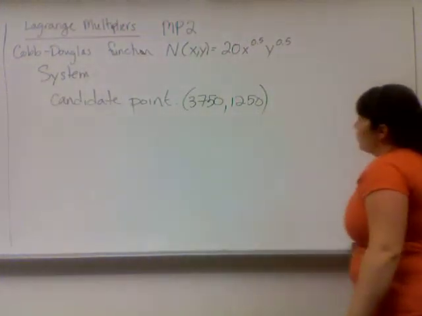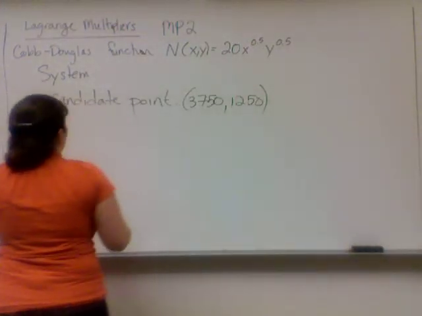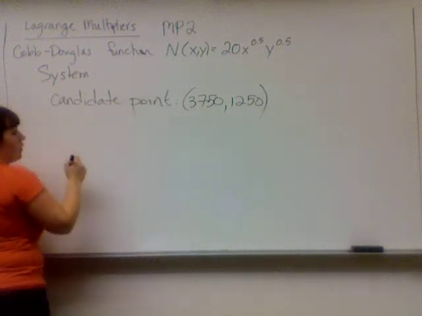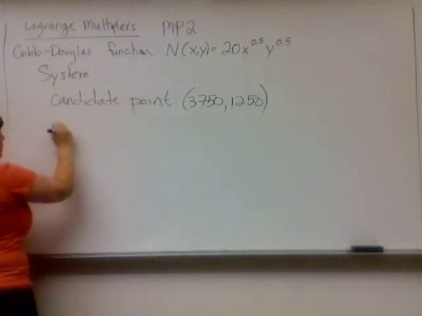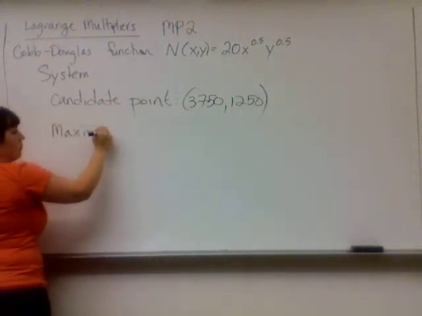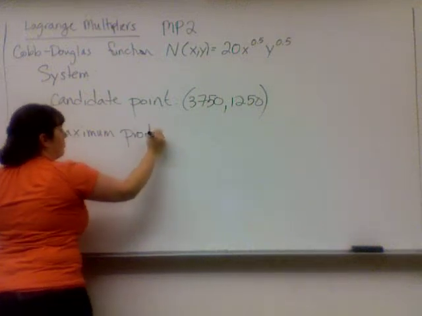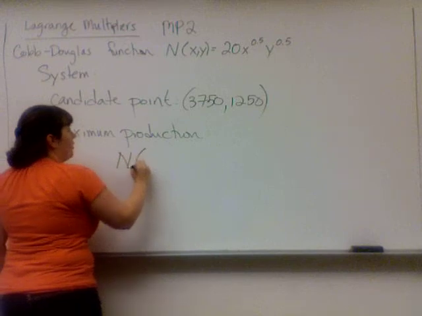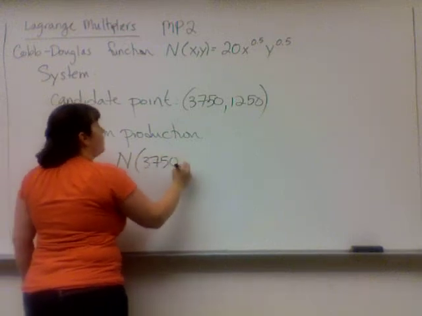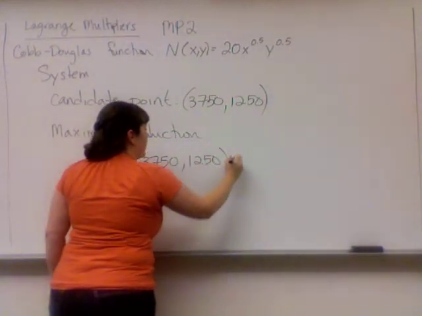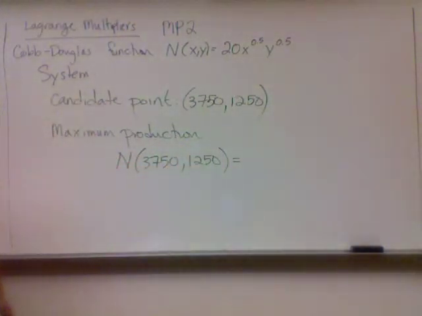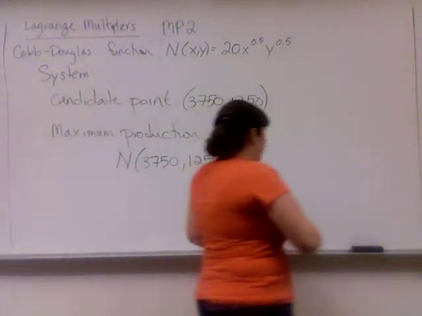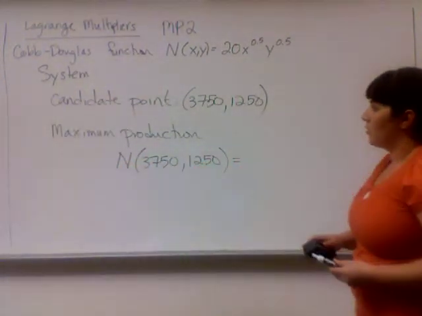Well, that means we just need to evaluate the production function at this given critical point. That'll be n of 3750, 1250. And I'll allow you, you can just plug that in and evaluate it yourself.